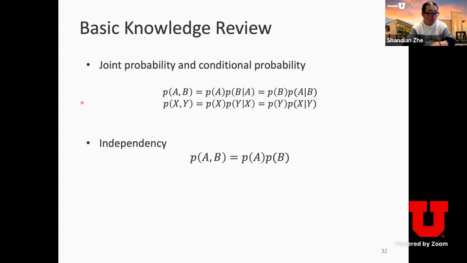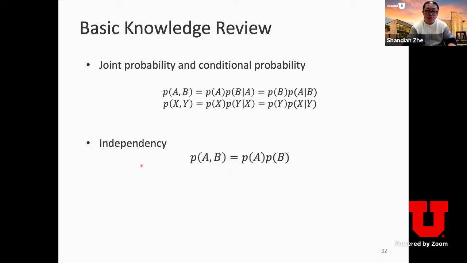If the joint probability of two events A and B equals the product of their own probabilities, namely P of A times P of B, then we say A and B are mutually independent.